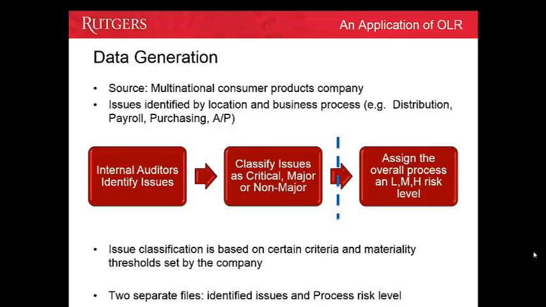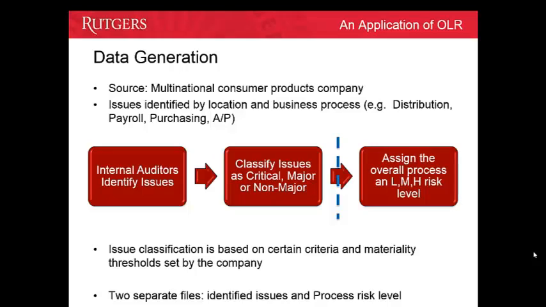So first, they identify the issues related to certain business processes and all the sub-processes. They would look at process 1, and then they look at sub-process 1, sub-process 2, sub-process 3. They identify issues related to sub-process 1, issues related to sub-process 2, issues related to sub-process 3.